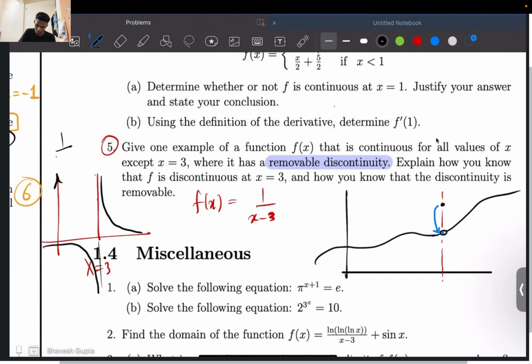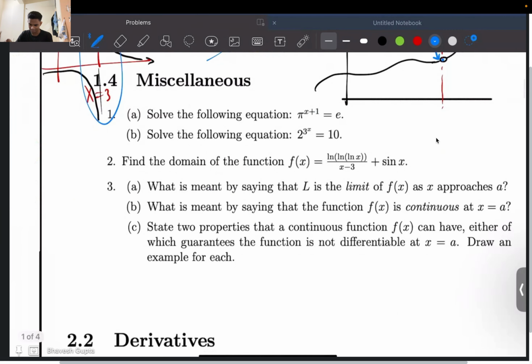Let's say this is 1 over x minus 3. We can say definitely I do have a discontinuity here, but that's not removable. You can see, and obviously the left hand limit and right hand limit also do not approach a common value. So this is definitely not an example. So avoid this.